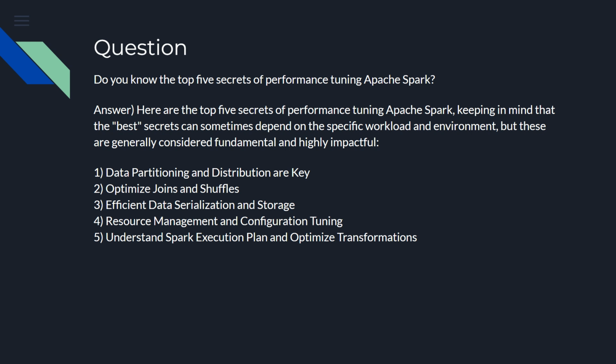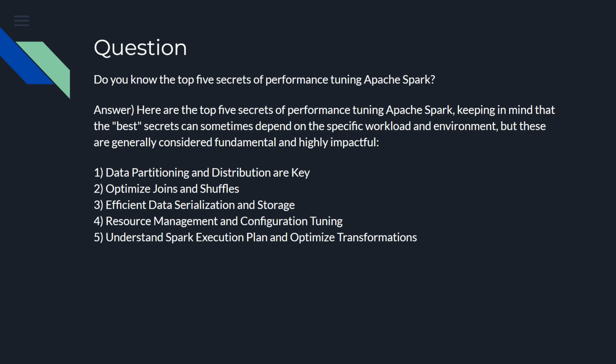Avoid operations that move data to the driver, like operations that use the collect function and take function. They bring data to the driver node, which can be a bottleneck for large datasets. Use them sparingly, primarily for debugging or when dealing with small datasets or small result sets.